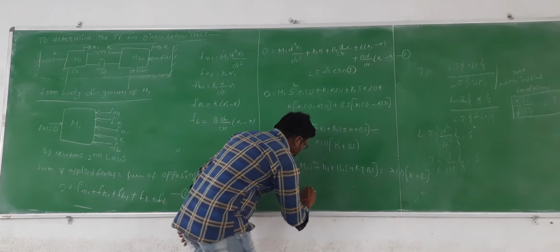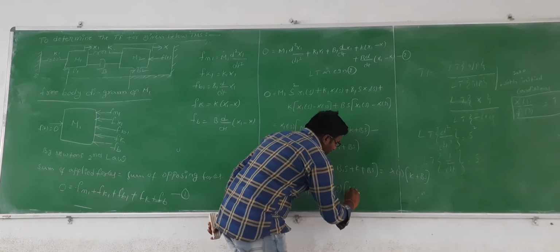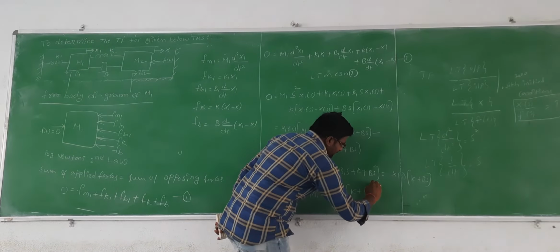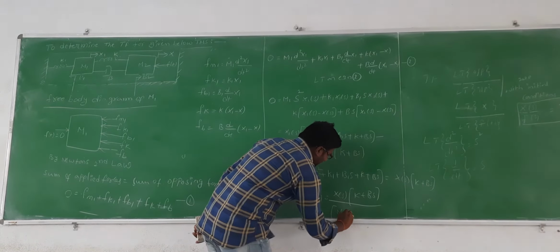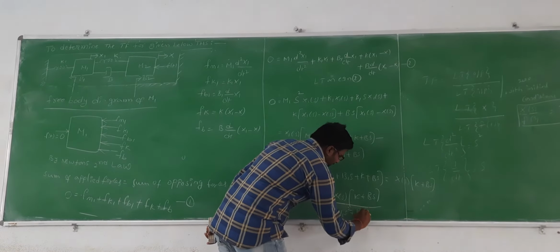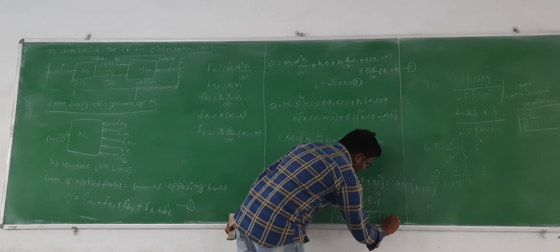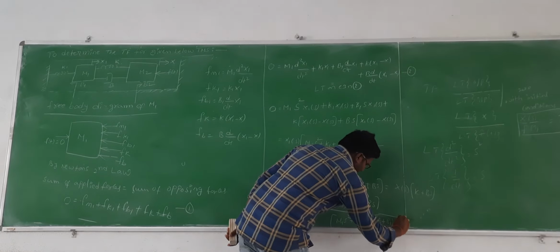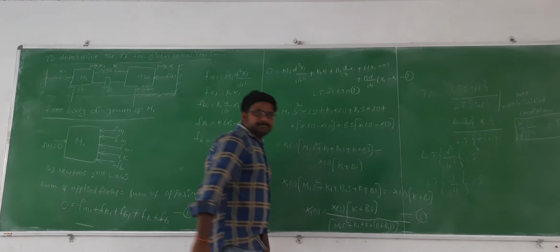So X1(s) is equal to X(s) into (k + bs) by (m1 s² + (k1 + k + b + b1) s). This is equation number 3.